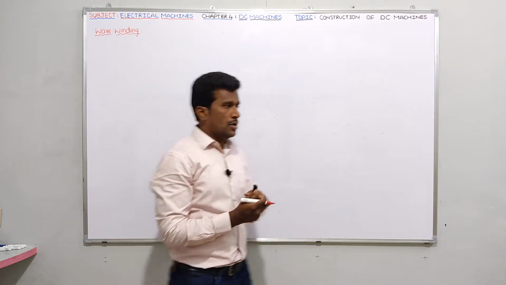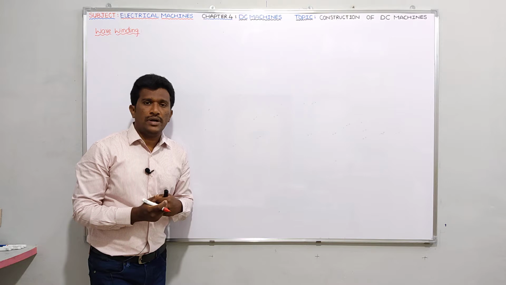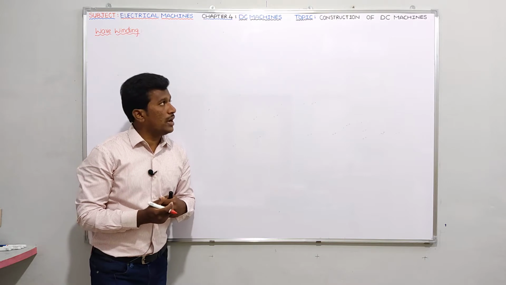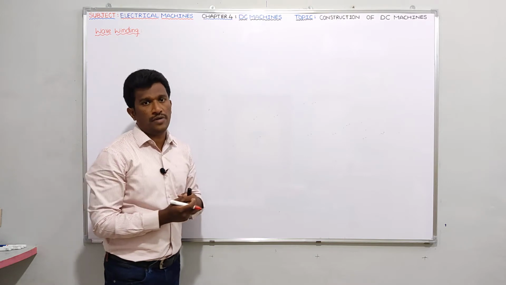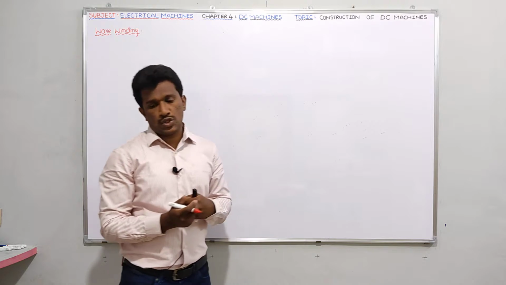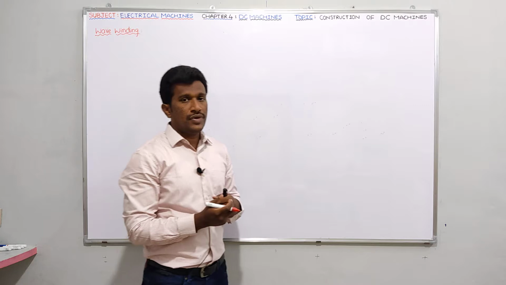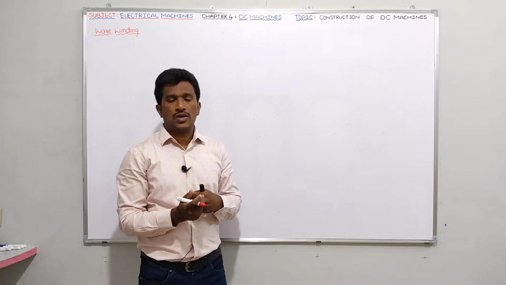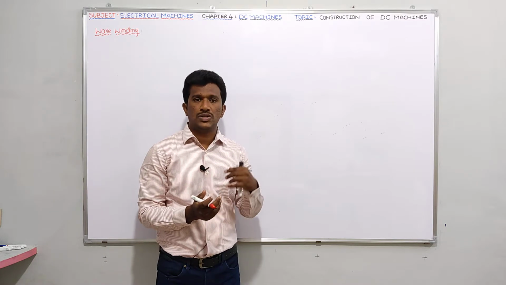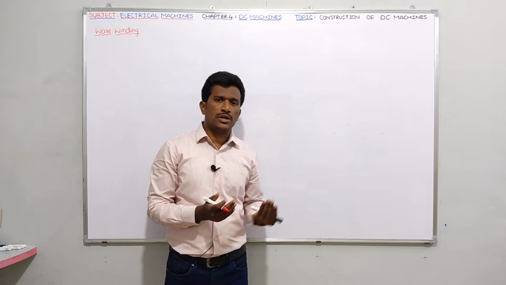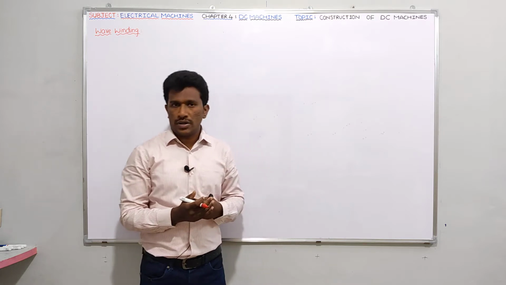In the last video I had given a formula for wave winding: commutator pitch YC equals 2 by P into S plus or minus 1. Whereas for lap winding, commutator pitch YC equals plus or minus 1, where plus is for progressive winding and minus is for retrogressive winding.